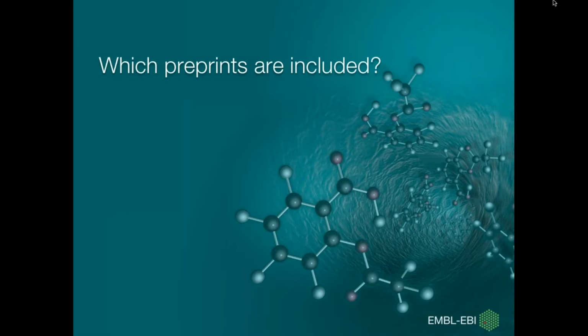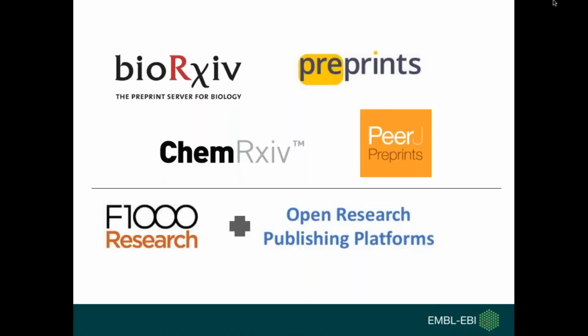So now we already covered how you can search for preprints, but it would be useful to know what content is included. And here I must say that Europe PMC has quite a comprehensive list, but of course these are not all the preprints that are out there. The preprint servers that you can find in Europe PMC are bioRxiv, preprints.org, TechRxiv Preprints, ChemRxiv, and if you remember, I mentioned that we also have these manuscript versions which are submitted to the journal but haven't gotten that final stamp of peer review.